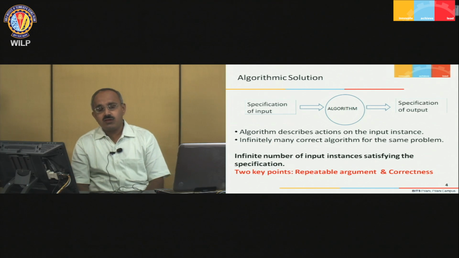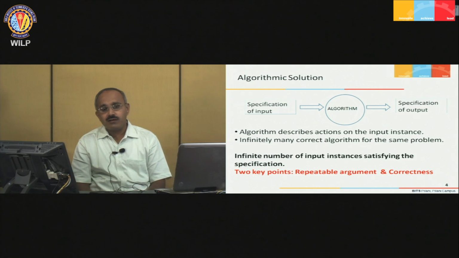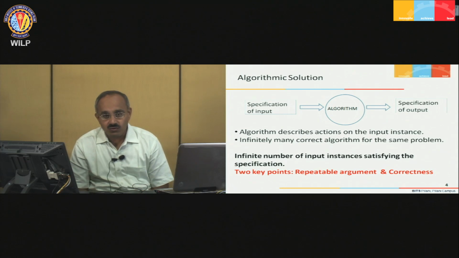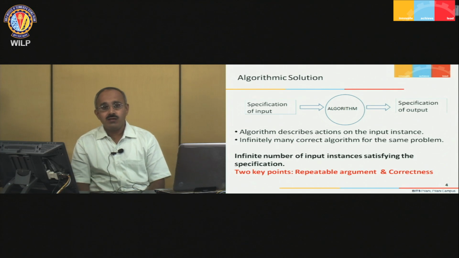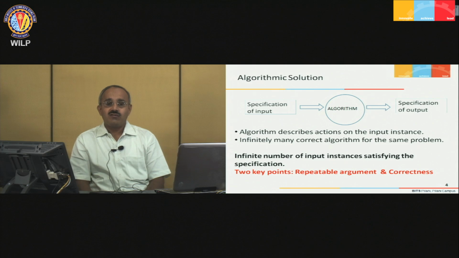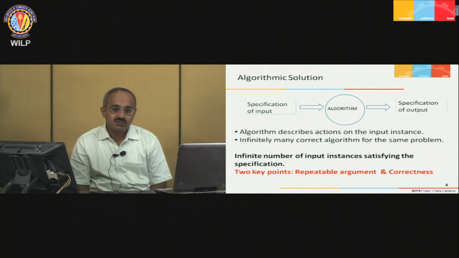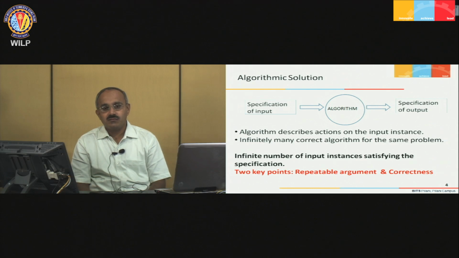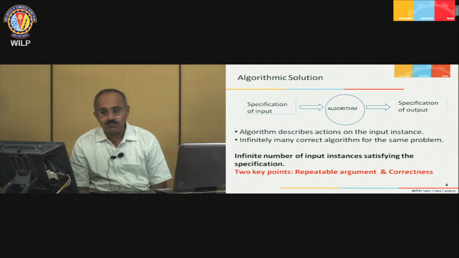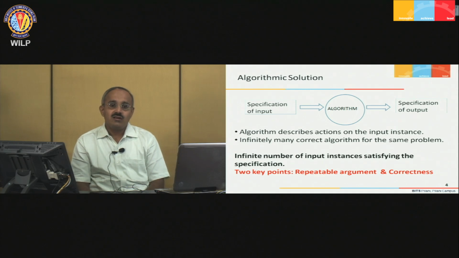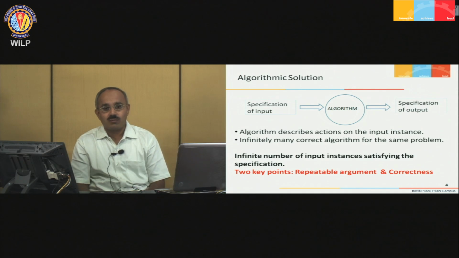Another key observation is that I can look at the same problem and modify it a little. Suppose in the same scenario, you have point A and you want to reach point B. Now, suppose you have added information that point B lies to the south of point A. Now, the first problem and the second problem, though they look similar, are different, in the sense that in the second problem we know something more about the problem.